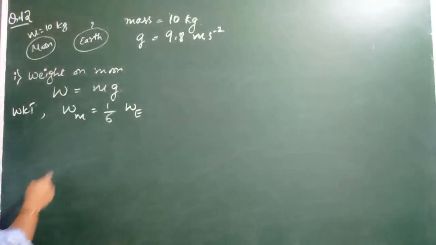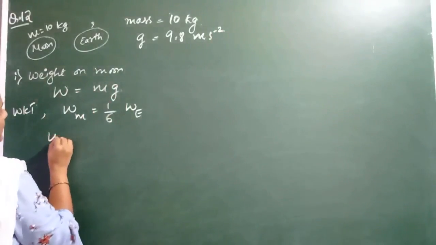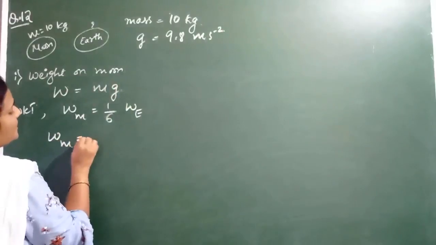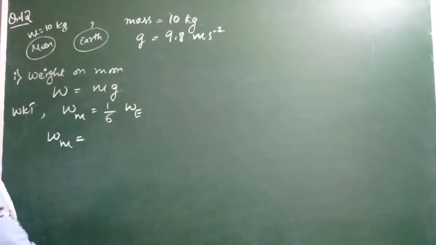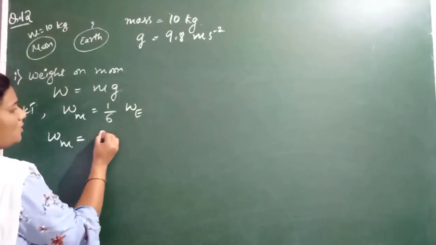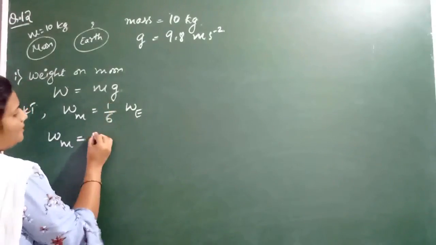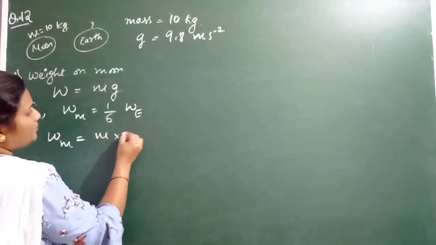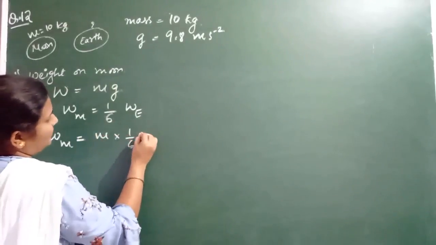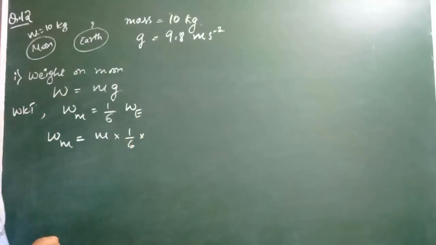So now let us take Wm is equal to 1/6th that of the weight on earth, no? So we know that m into 1/6th of, what is that?